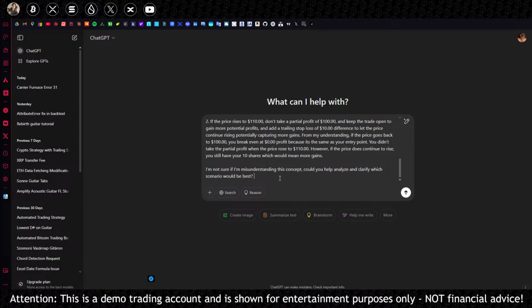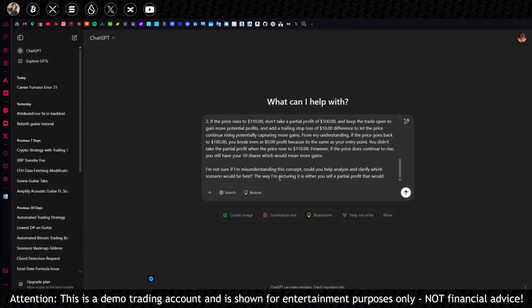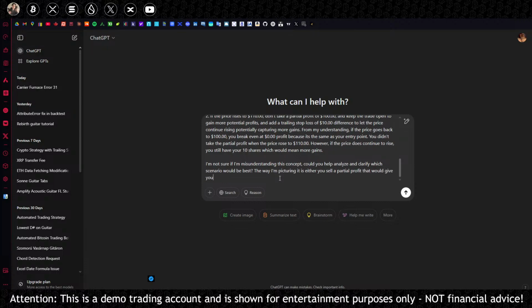The way I'm picturing it is, either you sell a partial profit that would guarantee, well, okay, either you sell a partial profit that would give you more space for the assets to fluctuate in price.